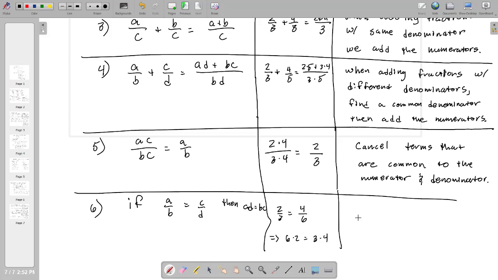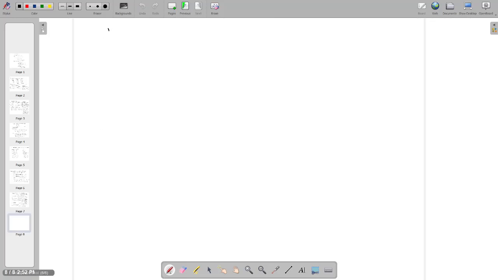Okay, and generally most of you know that this is cross-multiplying, but you have to be careful. You can only cross-multiply over an equal sign. Do an example.